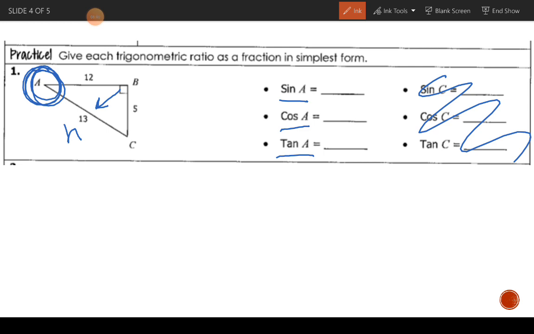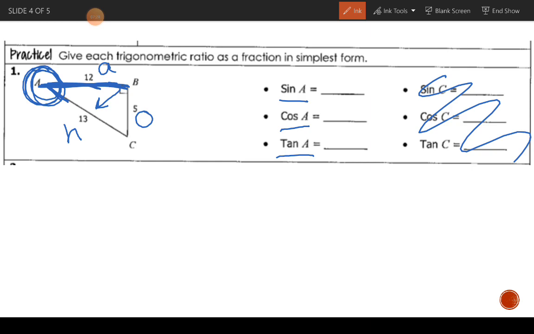Now the adjacent is the side that's touching angle A, which is 12. So 12 is our adjacent. See how the hypotenuse and the adjacent side touch angle A? Which side doesn't touch angle A? That's 5. That's our opposite. So that's how we would label our triangle from angle A.